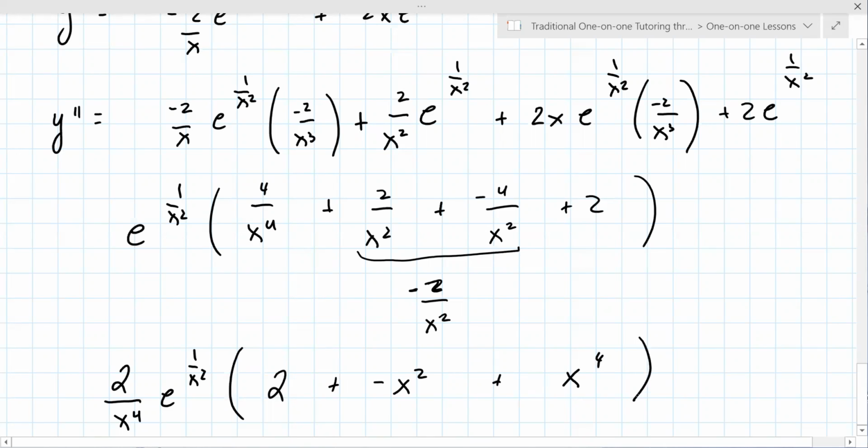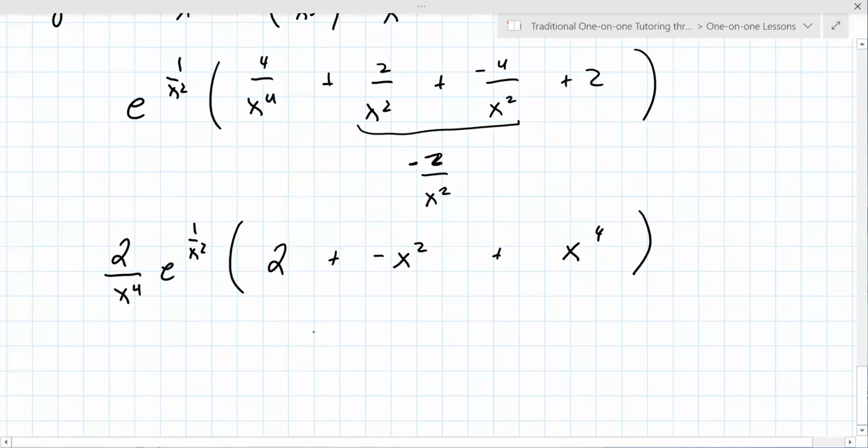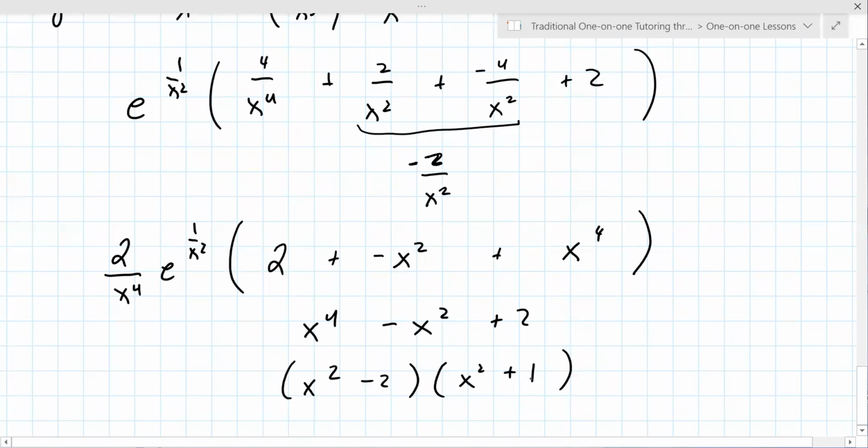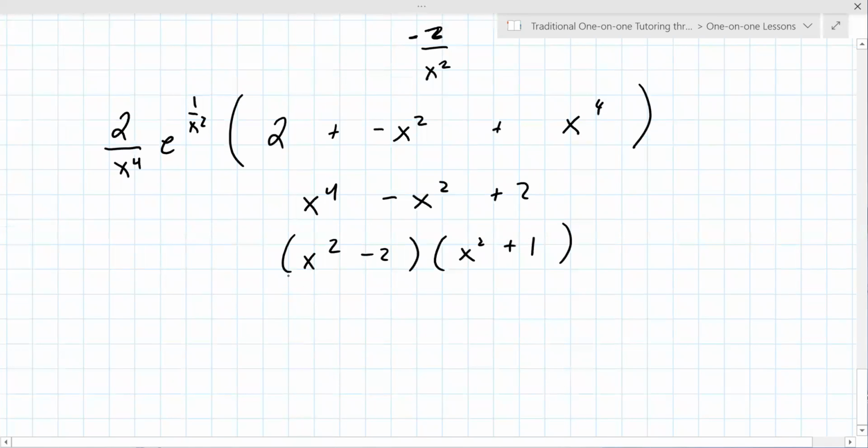Okay. So this is really x to the 4th minus x squared plus 2, and does this factor? It does. It factors to that, and then this one you set equal to 0, so you get x squared minus 2 equals 0, x equals plus or minus square root of 2.